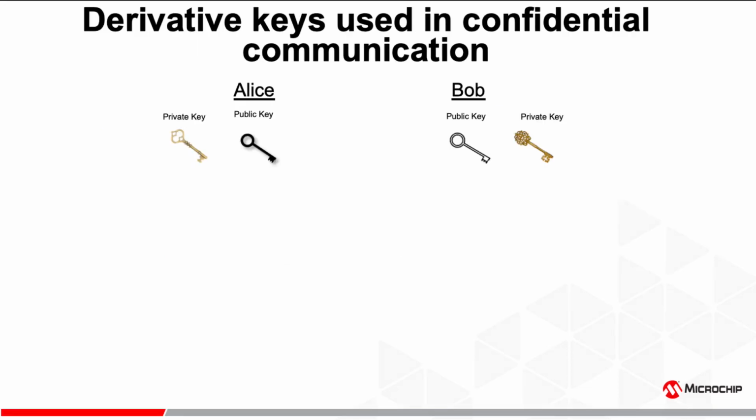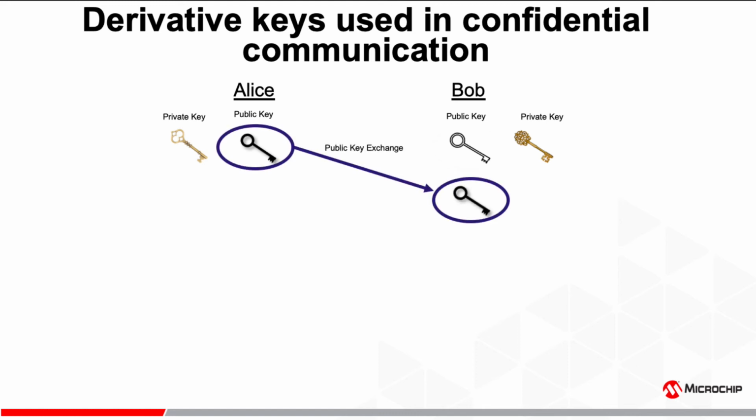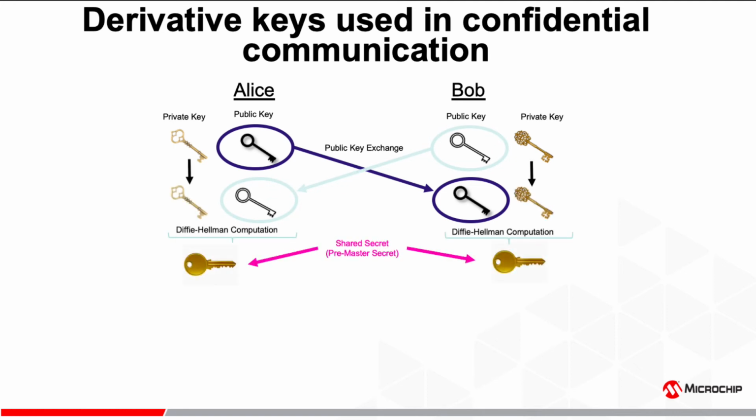Let's review how the whole system would work. Alice and Bob have their public-private keys. Through a chain of trust and authentication, they would reliably exchange public keys. They would then implement Diffie-Hellman to create a shared secret. Again, if we're talking about TLS here, it would be called a pre-master secret.